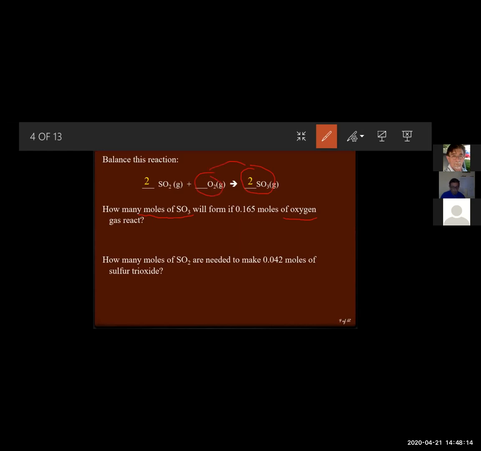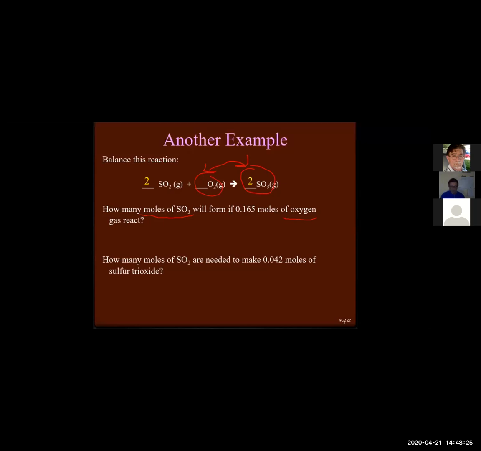Okay, that's all we're concerned about based on the question. That ratio is 1 oxygen per 2 sulfur trioxide. With that bit of information, we can set up the problem now.